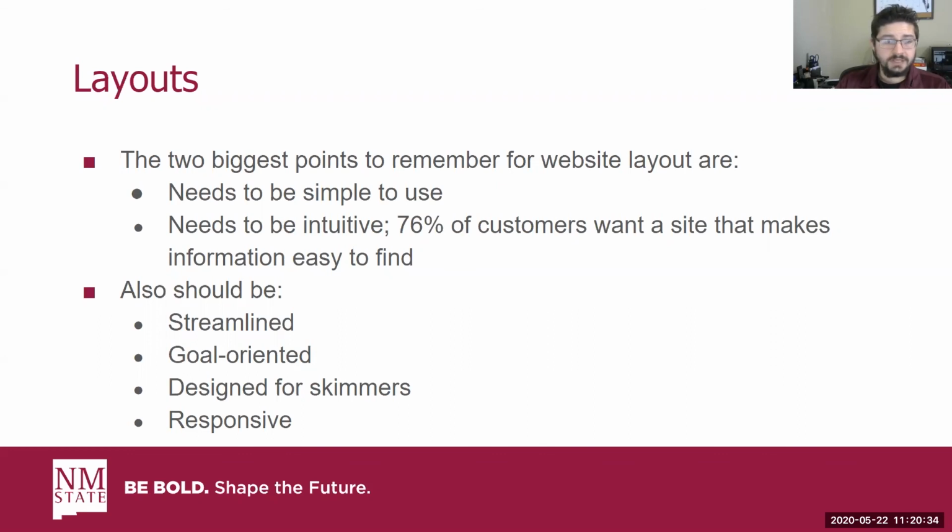Well, you follow some basic principles and tailor your site for some basic needs. The two biggest points to remember for the website layouts are it needs to be simple to use and it needs to be intuitive. 76% of customers want a site that makes information easy to find. Also, it should be streamlined, goal-oriented, designed for skimmers, because nobody reads long paragraphs of text on a website, and responsive.